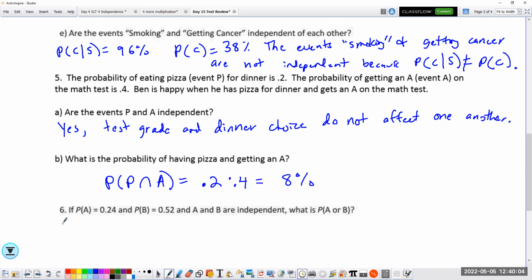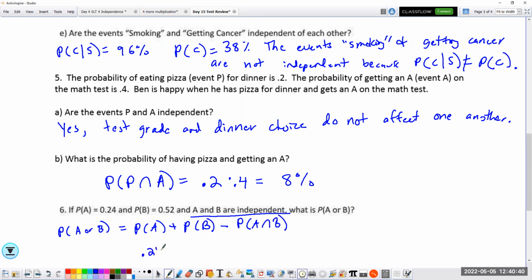Now, we've got a different situation. If the probability of A is 24%, the probability of B is 52%, and they are independent events, what is the probability of A or B? I have to remember that the probability of A or B is the probability of A plus the probability of B minus the probability of A and B. Because they're independent, I can just multiply these together.